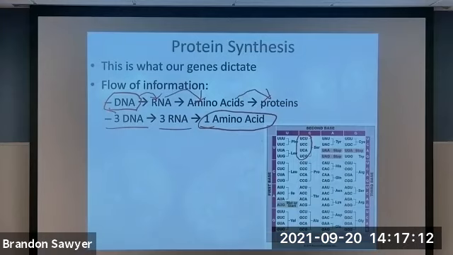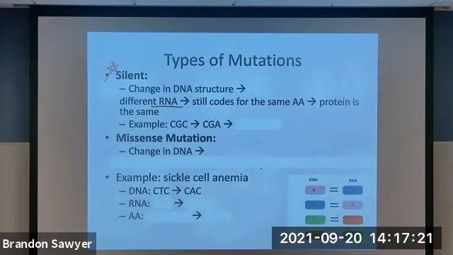So in the end, it doesn't really change the protein, because the amino acid stays the same. There's no actual change in the protein, okay? So that's called a silent mutation because the DNA changed, but it didn't actually change the protein at all because we ended up with the same amino acid. Okay, so the example here is CGC to CGA. Both of those are in the grouping that's going to give us arginine as the amino acid. And so it doesn't change. Okay, so that's kind of a freebie mutation.